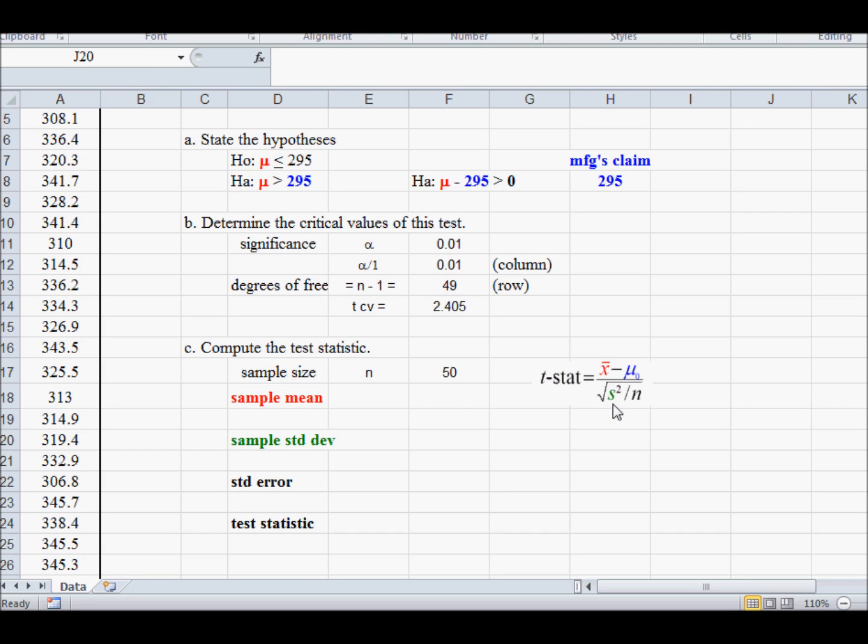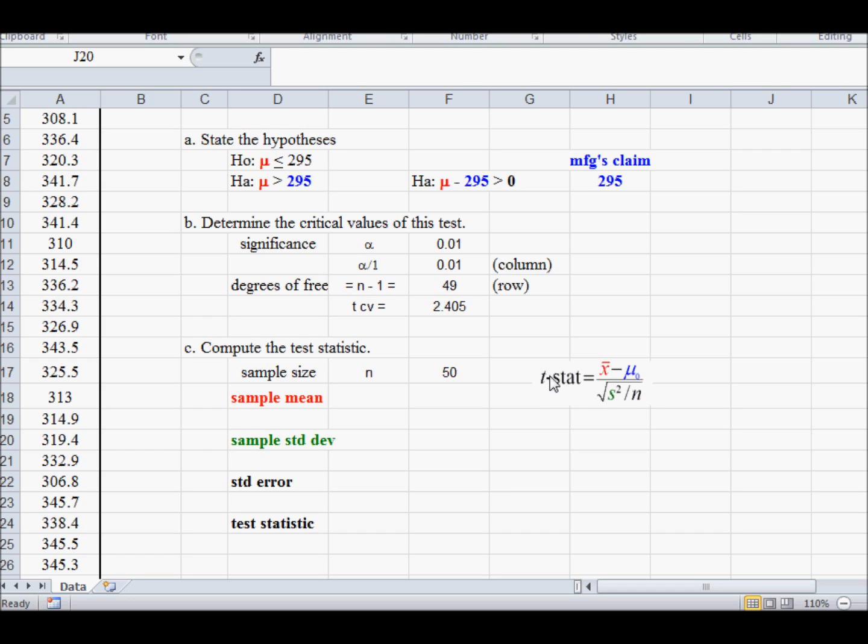The S is in green because I want to emphasize the fact that we're talking about the sample standard deviation. If we knew the population standard deviation, we'd replace the S with sigma.